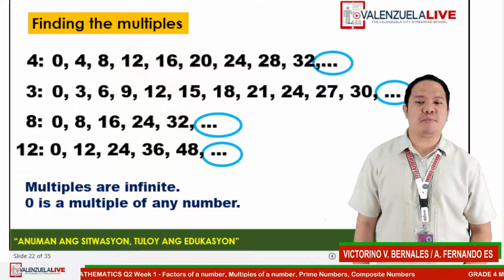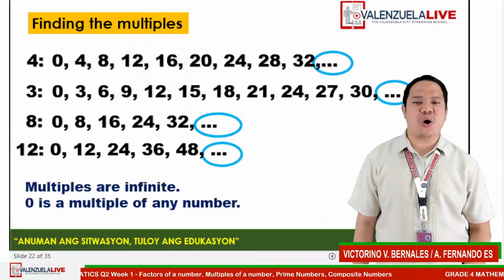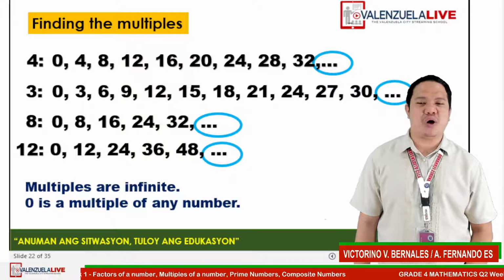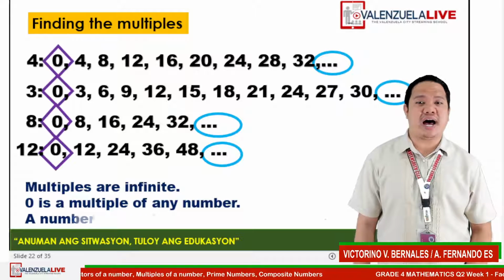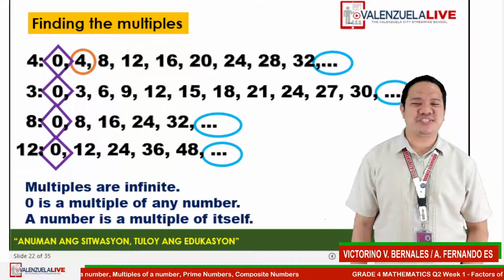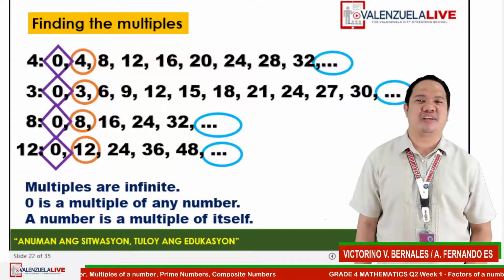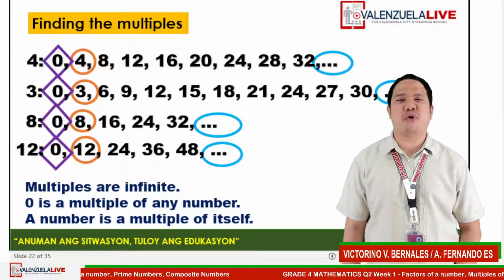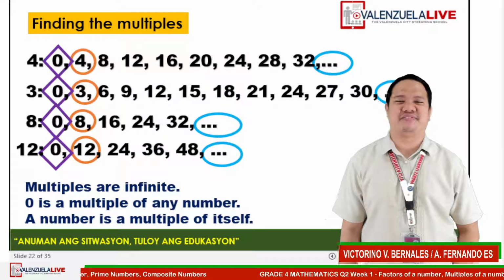You also need to remember that 0 is a multiple of any number. Also, a number is always a multiple of itself.